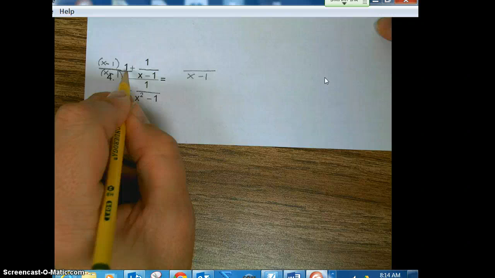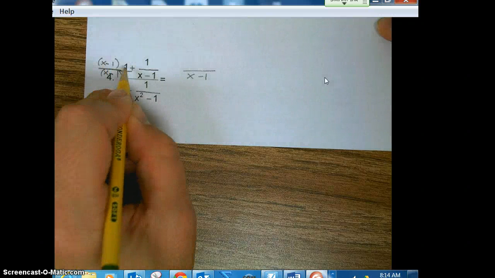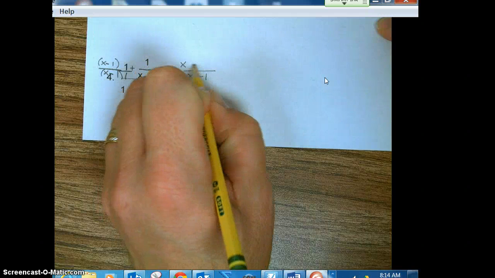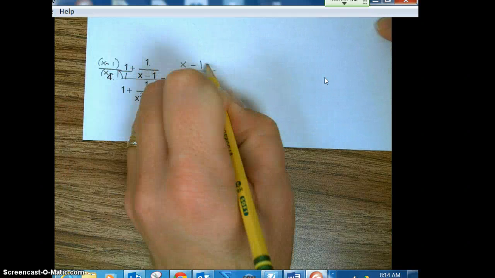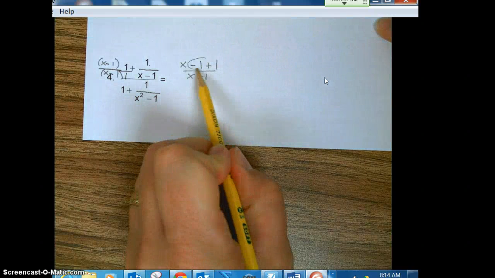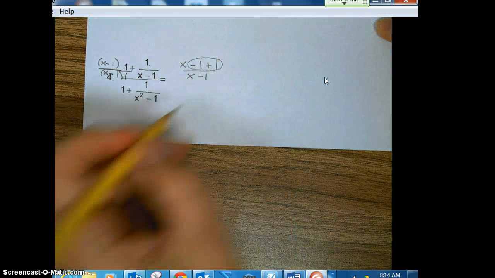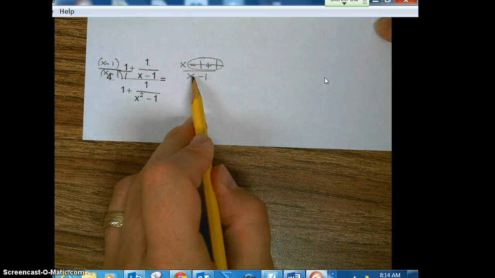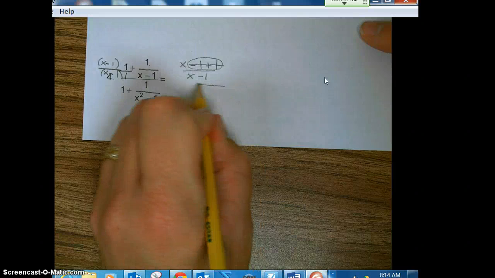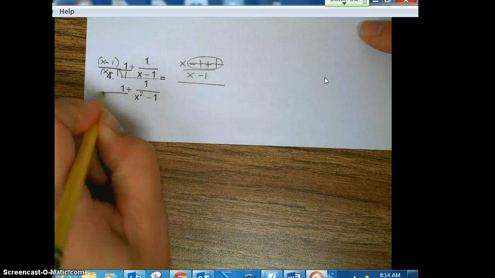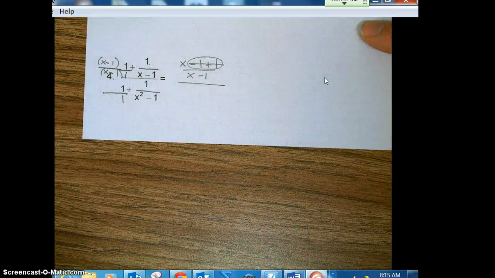So we get x minus 1 times 1, which is x minus 1, plus 1. Well, these two right here are going to cancel out. So we're going to end up with x over x minus 1 on the top. Okay, going down here. Putting 1 over 1.